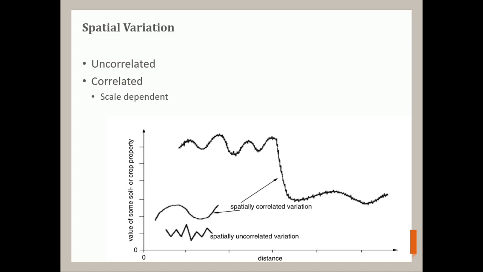Spatial variation can be uncorrelated or correlated, or scale dependent. Spatially correlated variation is presented here, while spatially uncorrelated variation is presented in the lowest graph, where there is no relation of variation with respect to distance of volume of soil or crop property.